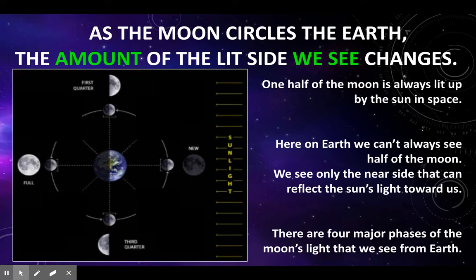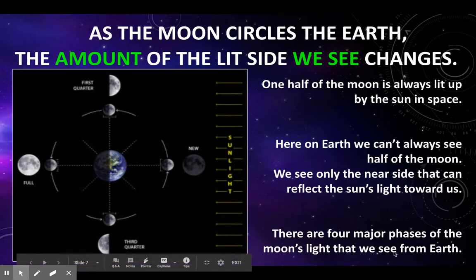Here on Earth, we can't always see half of the moon. We see only the near side that can reflect the sun's light towards us. So the sun reflects the light off of the moon, and that's what we see. There are 4 major phases of the moon that we see from Earth: new moon, first quarter, full, and third quarter.